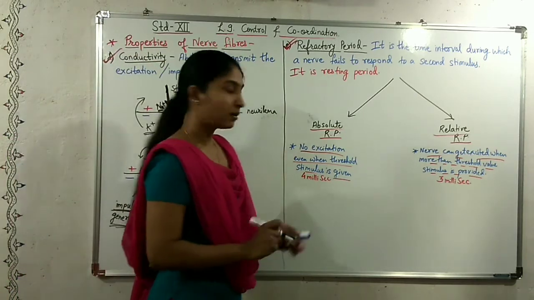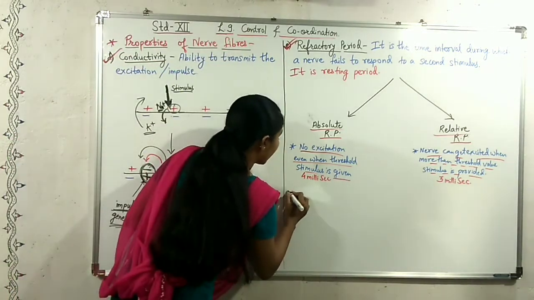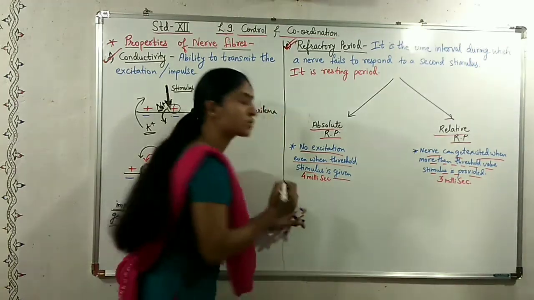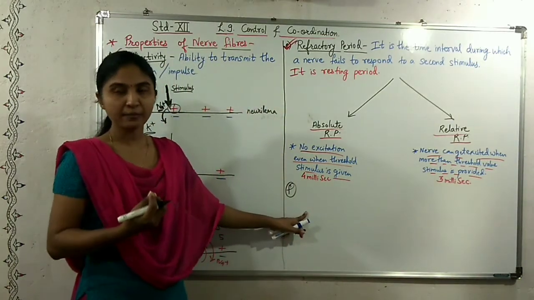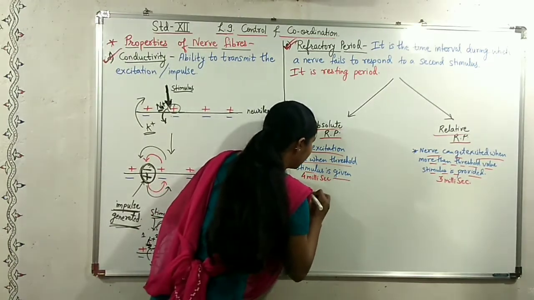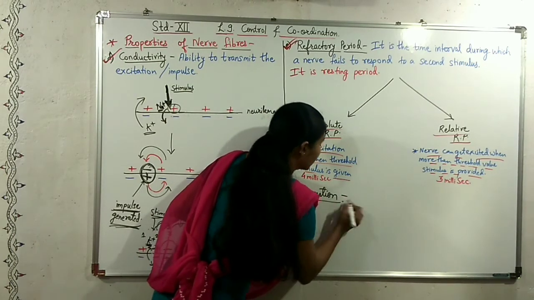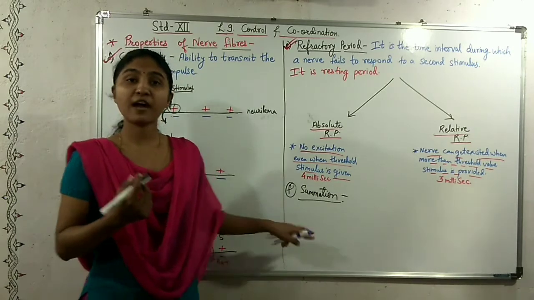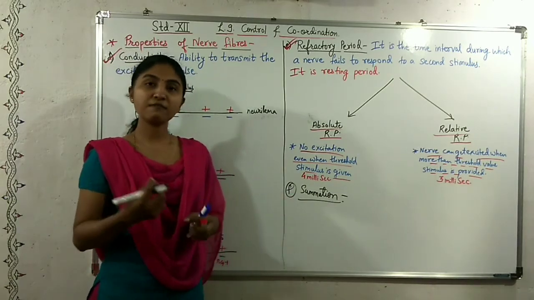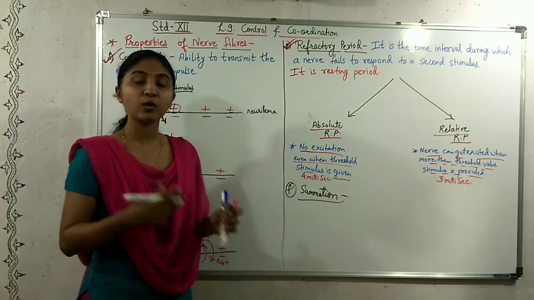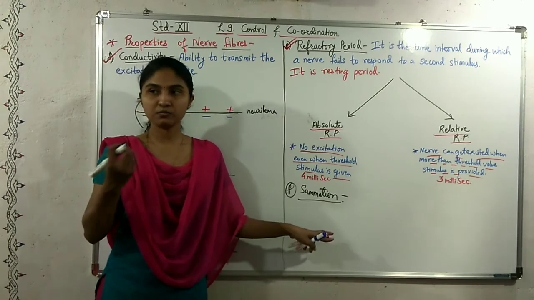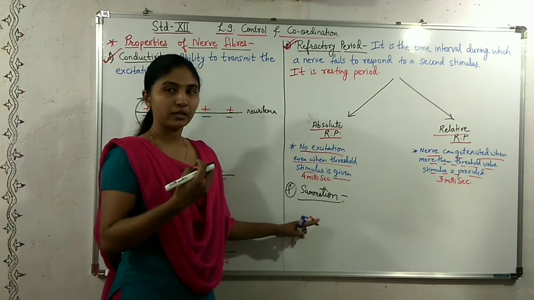The sixth property of the nerve fibers is summation. Now the nerve fibers will get excited only when the stimulus is of threshold intensity.